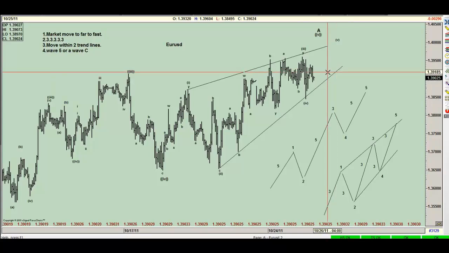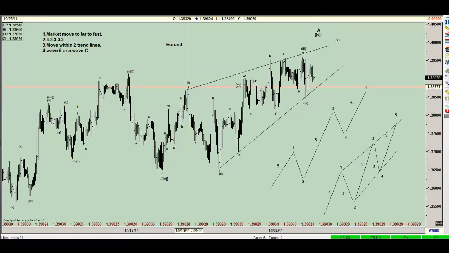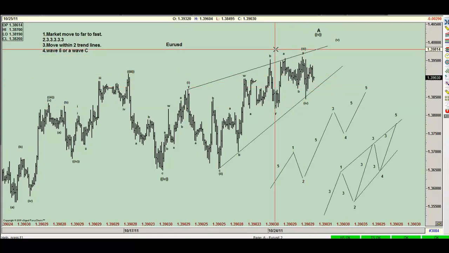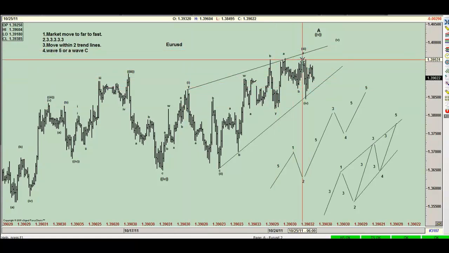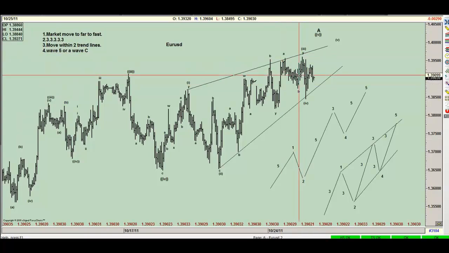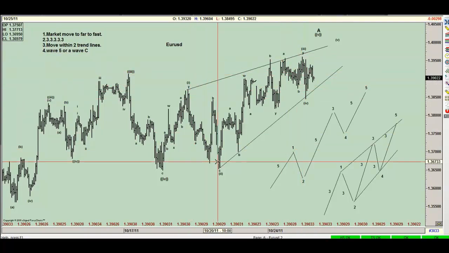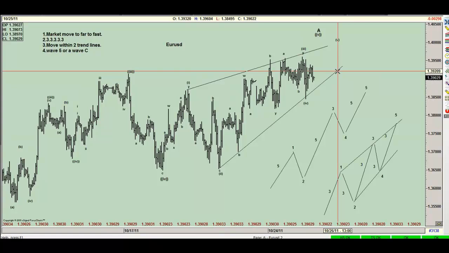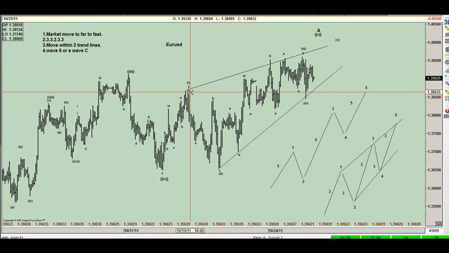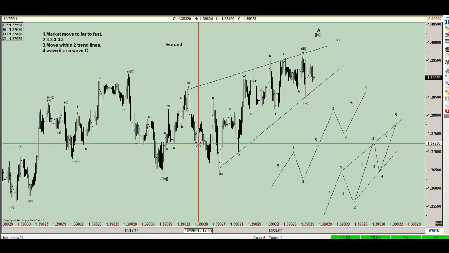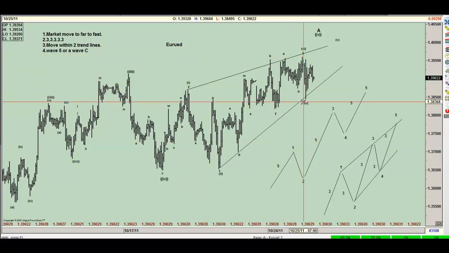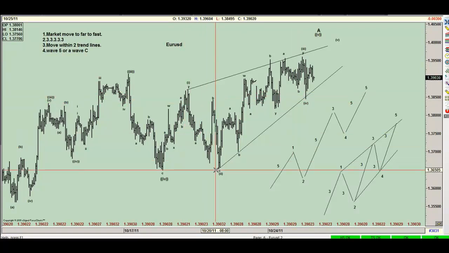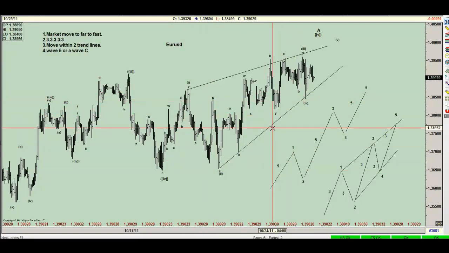Very simple. In the contracting diagonal, the wave 4 is smaller in time and price than the wave 2. That's what makes it contracting. In the expanding diagonal, you're going to see the inverse. In other words, the wave 4 is bigger in price than the wave 2, and that creates an expanding diagonal.